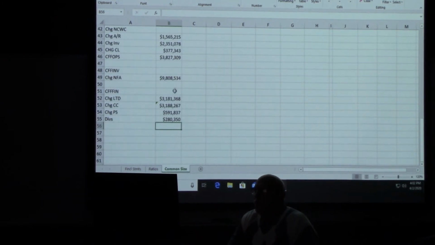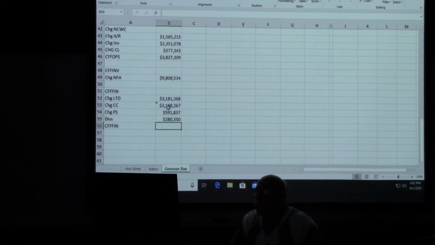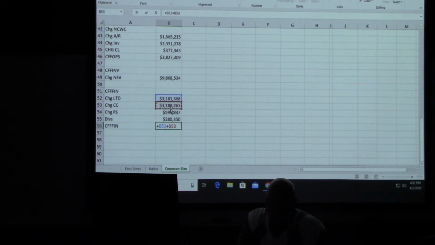Okay, so cash flow from financing is equal to this plus this plus this minus this. Boom. This is a negative number.